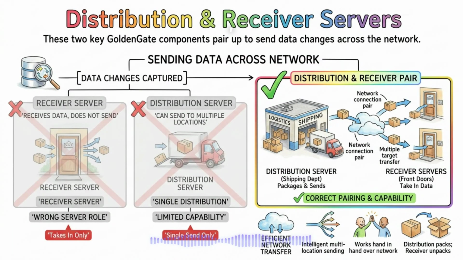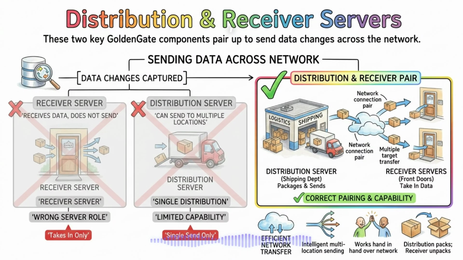Working hand in hand with the receiver server is the distribution server. While the receiver server acts as the front door taking data in, the distribution server acts as the shipping department sending data out. When data changes are captured from your source database, the distribution server packages those changes and sends them across the network to the target system.